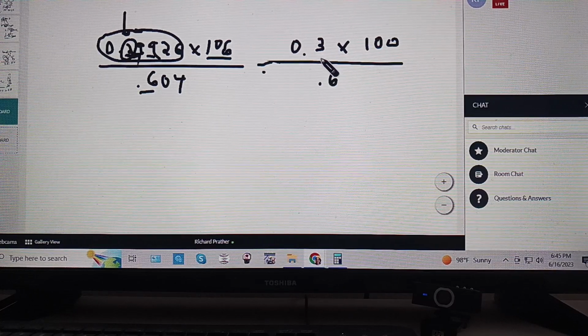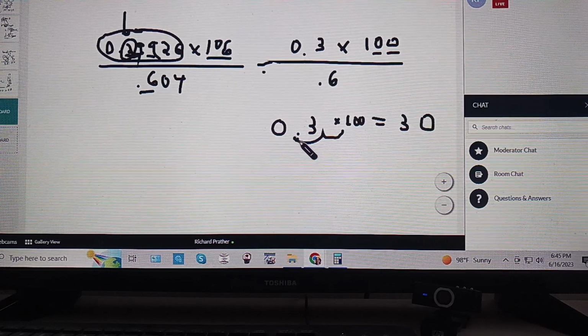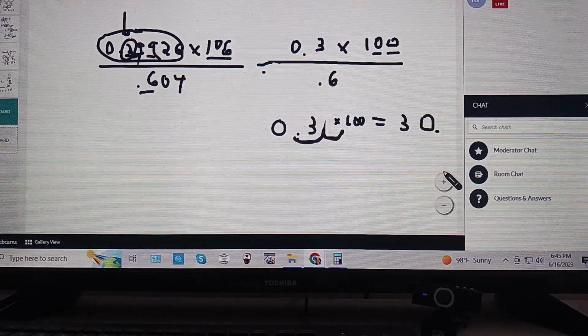So 0.3 times 100. Whenever you do a decimal times a number that ends with zeros, the number of zeros you have is how many places over the decimal goes. So 0.3 times 100 is 30, because you move the decimal once to get past the 3, and then once more, and the decimal's technically in the back when you do that.